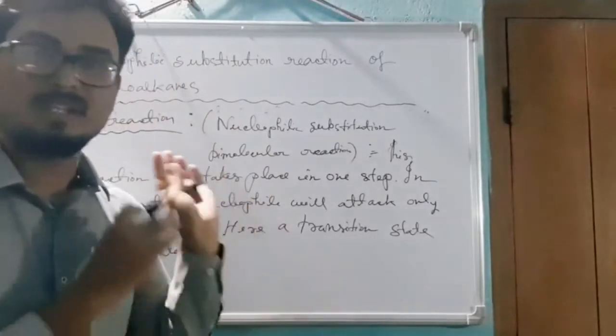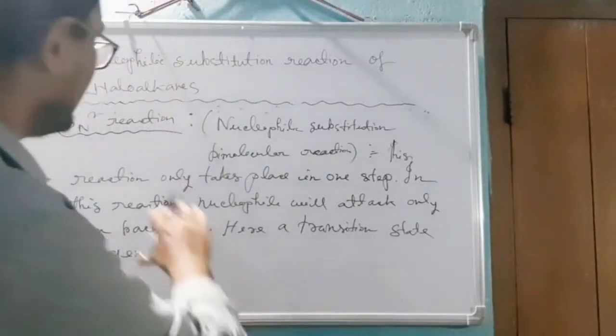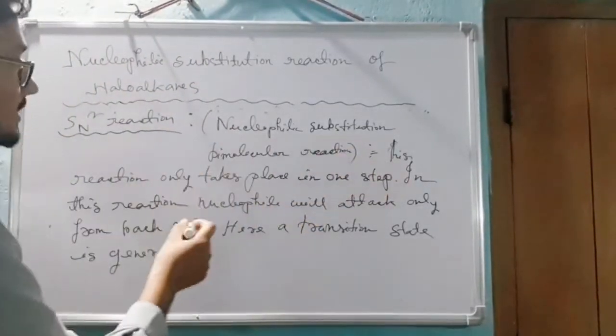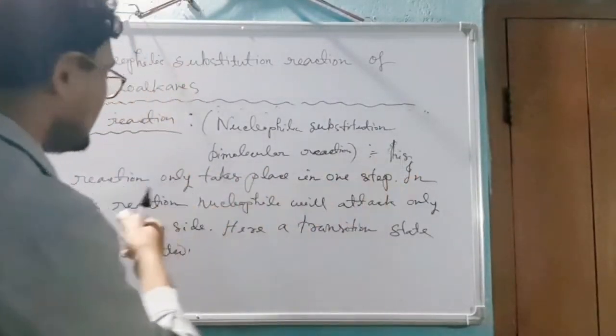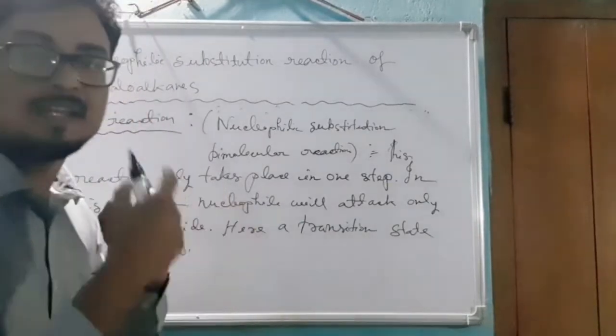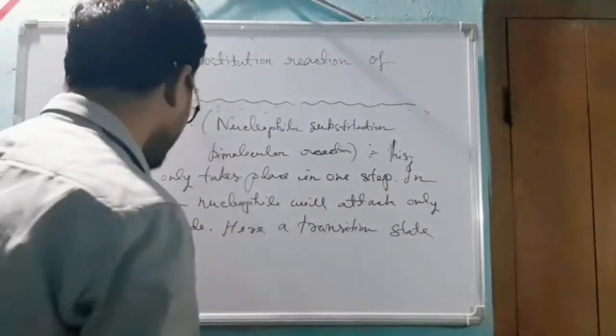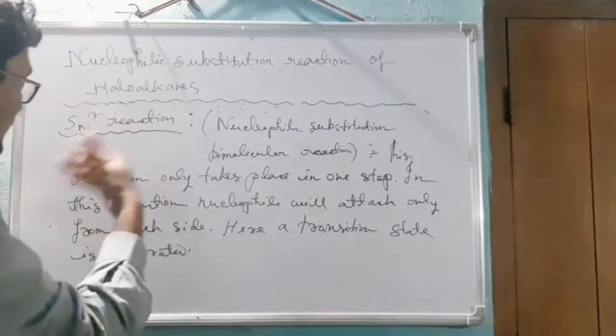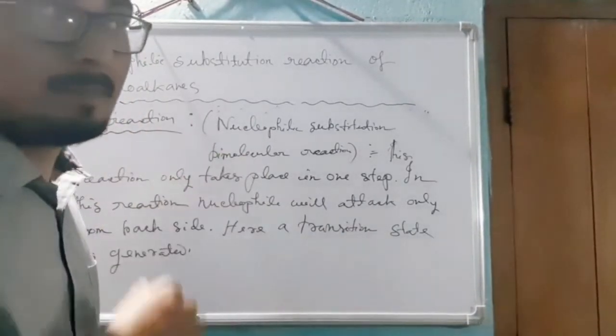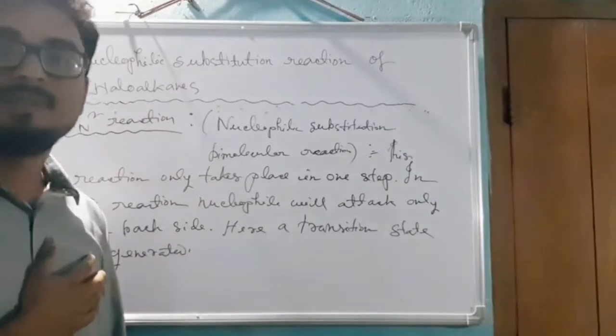We will try to understand it when we do the mechanism. This reaction takes place in only one step. The nucleophile will attack from the back side only. Here a transition state is generated. So we come to the mechanism of Sn2 reaction.